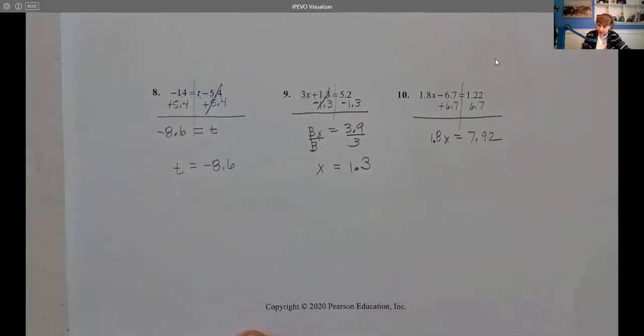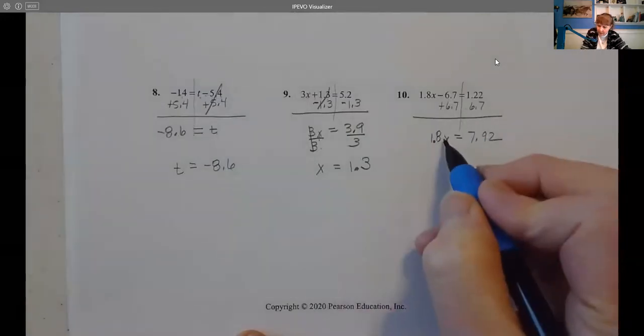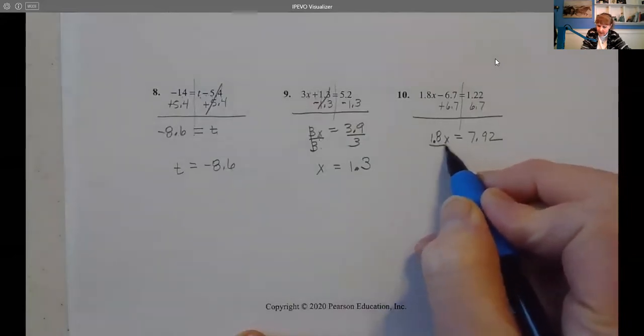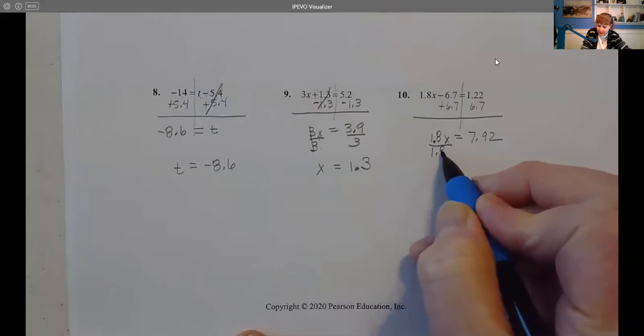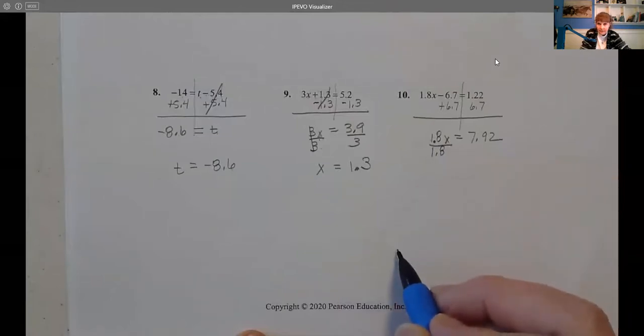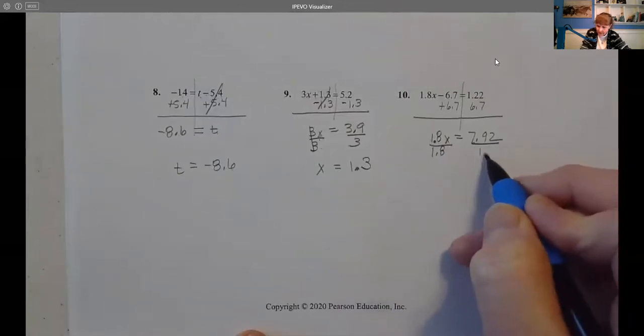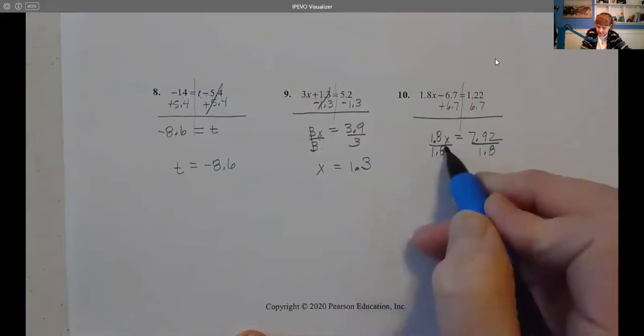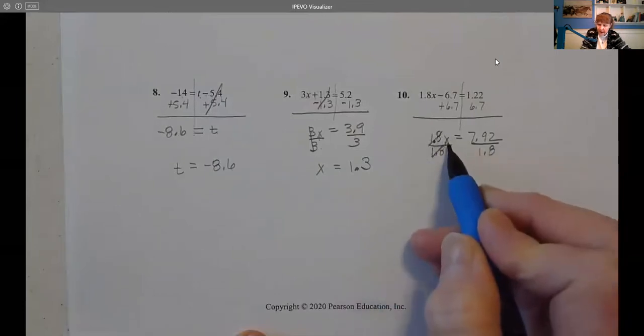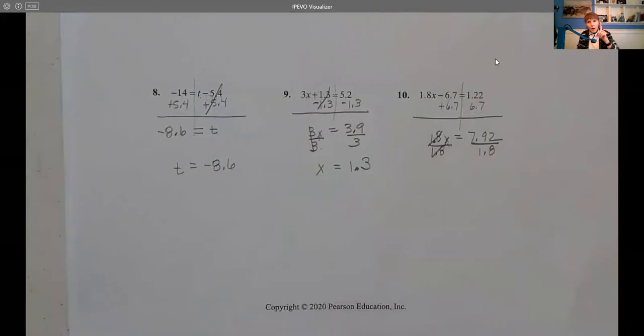So to finish this, I need a 1 here in front of the x. This is 1.8x, so I'll divide by 1.8 so that the 1.8s cancel. Divide by 1.8. Now the x has a 1 in front of it, because 1.8 over 1.8 is the number 1, like 3 over 3 is 1, 4 over 4 is 1.